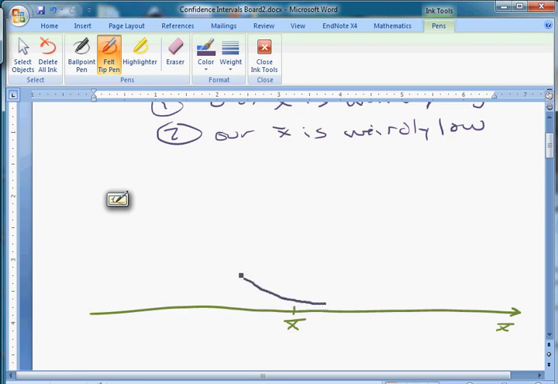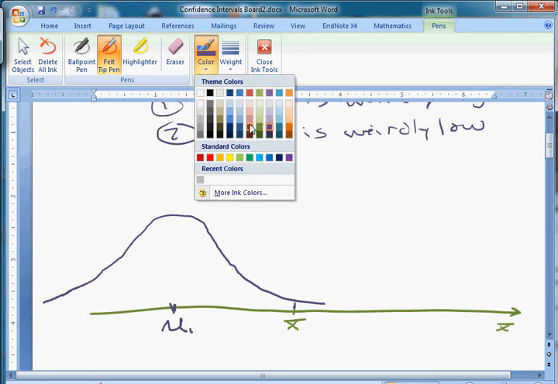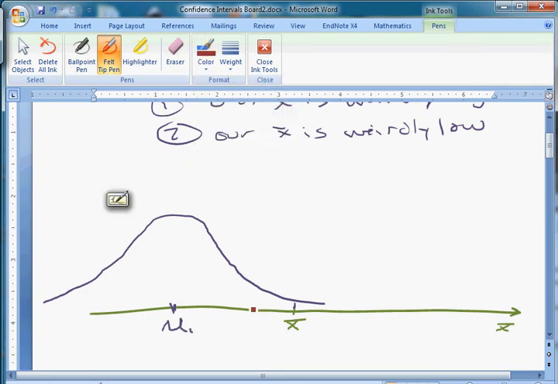So the true distribution would look something like this, and we chose an x bar right here, and the true population mean is actually over here. Now, if our x bar is weirdly low, the true distribution looks something like this, where this is the true population mean, and our x bar was in the left tail.